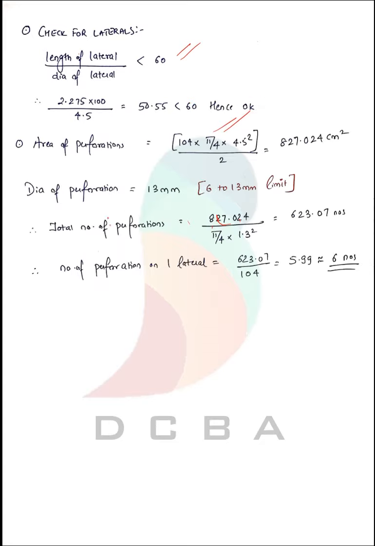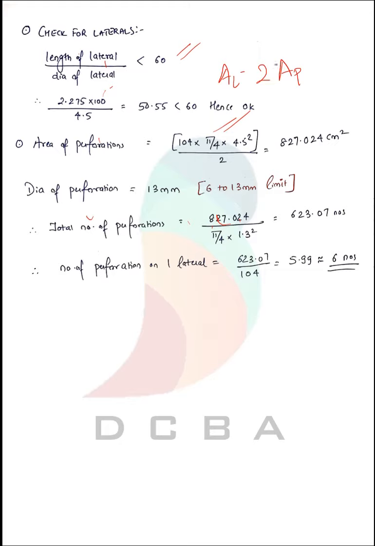Now area of perforation is, we have this relation, right, that area of laterals is 2 times area of perforations.